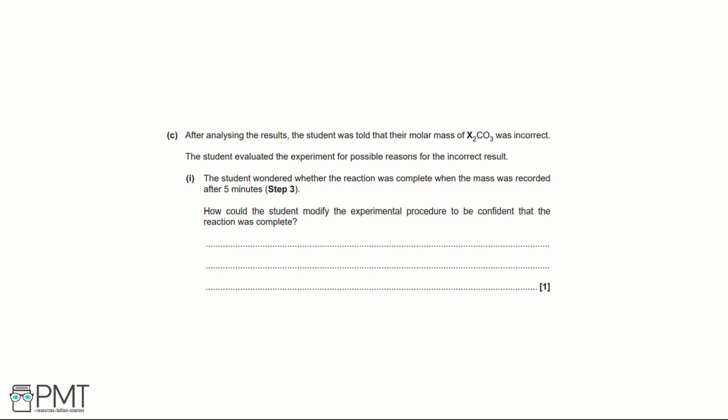Part 1. The student wondered whether the reaction was complete when the mass was recorded after 5 minutes. Step 3. How could the student modify the experimental procedure to be confident that the reaction was complete? So this is a very common practical question, and the answer is that you reweigh to a constant mass.